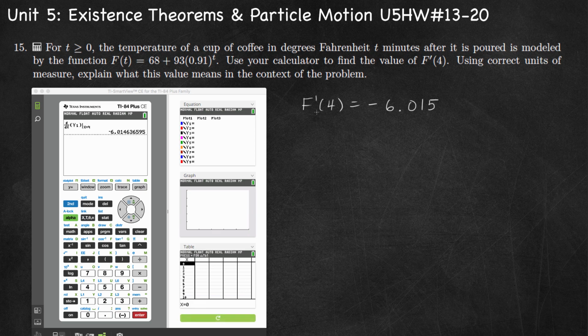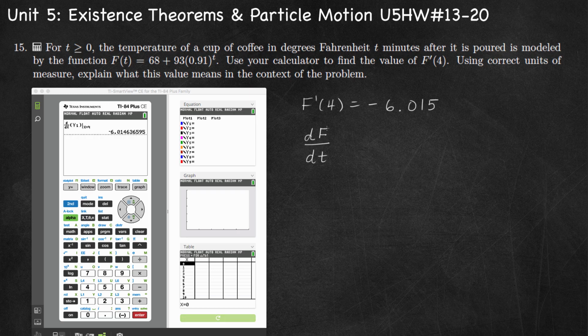Now if we come out of function notation and go with Leibniz notation, our derivative is the derivative of f, the temperature in degrees Fahrenheit, with respect to t. So df dt equals negative 6.015. And this helps me figure out my units.